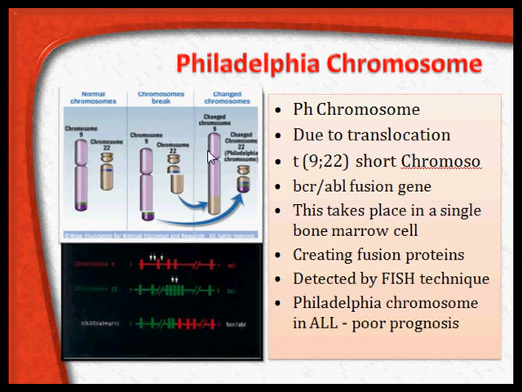The 9th chromosome is completed by addition of this small bit of the 22nd one, and this is the changed 9th chromosome, and this is the changed 22nd chromosome, which is also called the Philadelphia chromosome, which we have discussed. It is diagnostic of chronic myeloid leukemia, and its presence in acute lymphatic leukemia suggests poor prognosis.